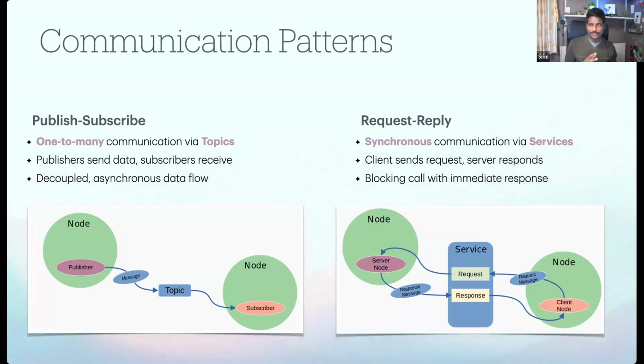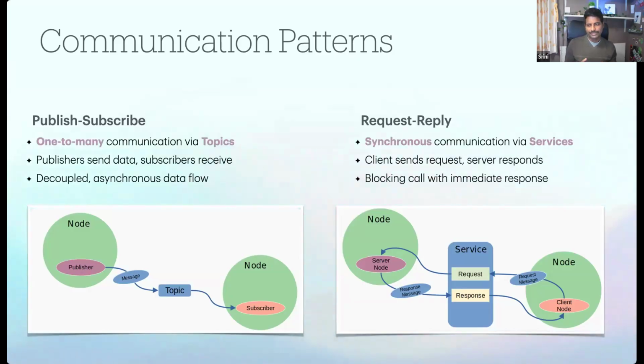For those things, you use a service architecture, where you have a service or a server, and your node says, I want this operation, and the node that is providing the service performs that operation. After a while, once it's done, it can say, I'm done, this is the response, or it can say, I failed, and this is the response.